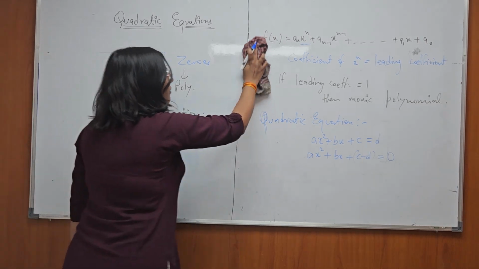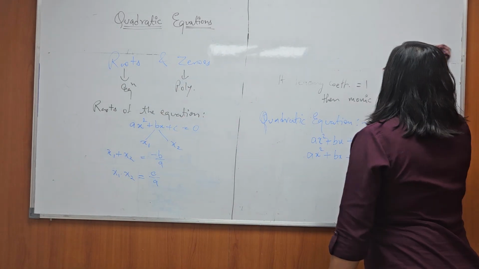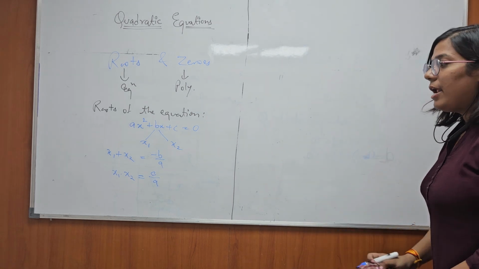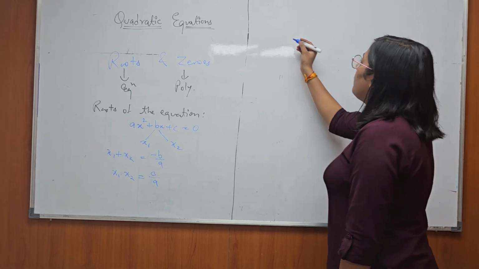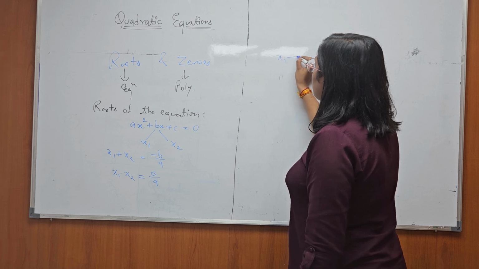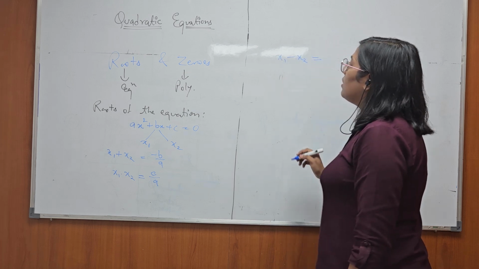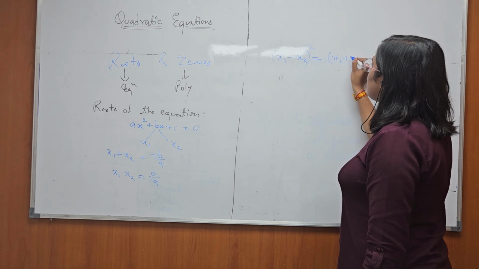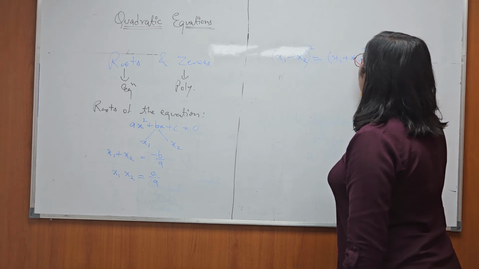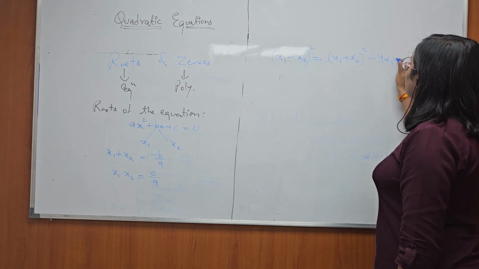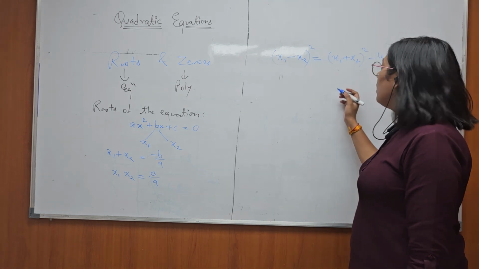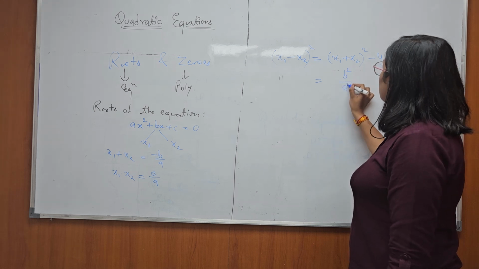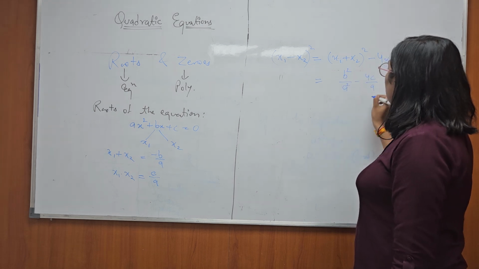If we have to find difference of roots, then how do we find it? Given the sum of roots is minus b by a and product of roots is c by a. If we want to find difference of roots, that is x1 minus x2, then squaring this will give x1 plus x2 the whole square minus 4 x1 x2. x1 plus x2 the whole square is b square by a square minus 4c by a.